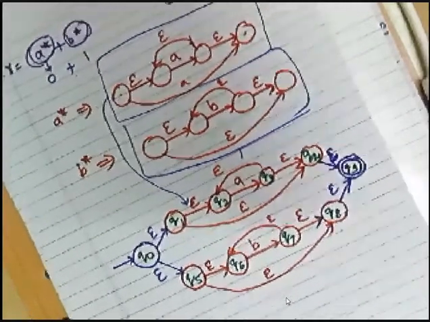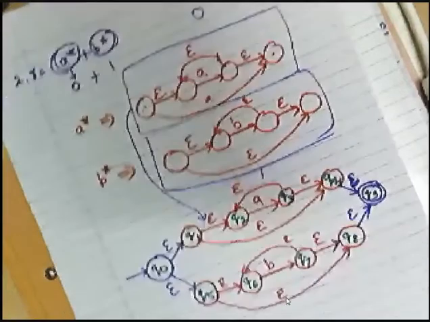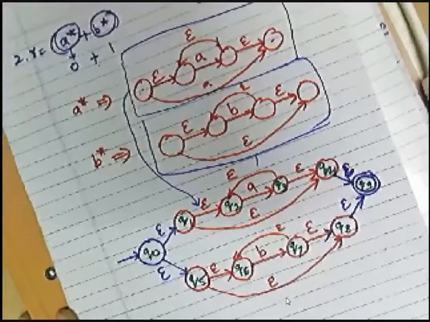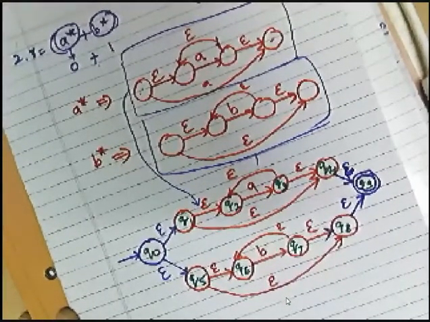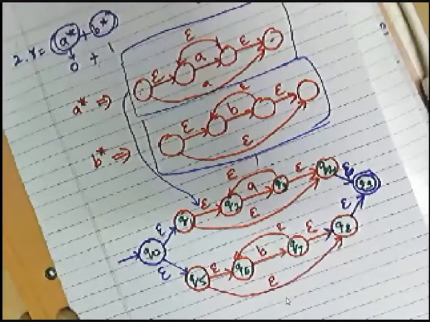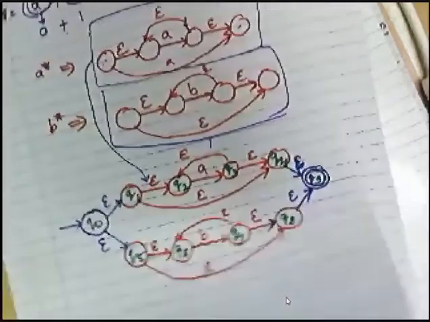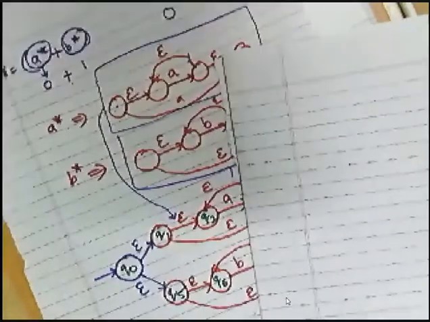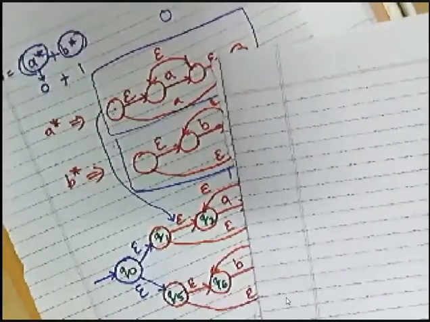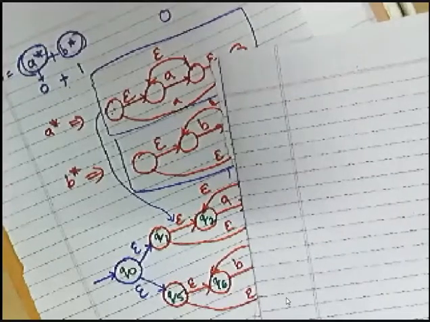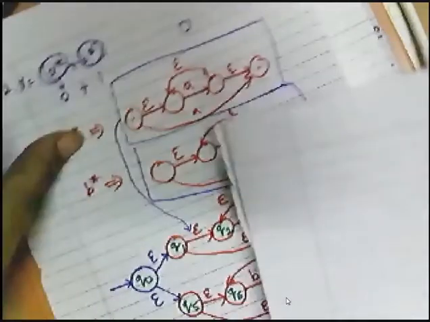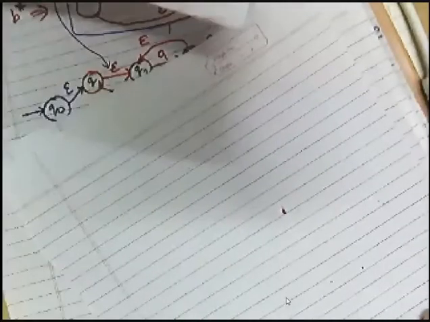Now I hope you have understood this conversion of regular expression to NFA with epsilon move. I have already given you the next problem, so you just try to solve it, because next we need to move to the next point. Just note down this problem. I hope you have already noted it down.